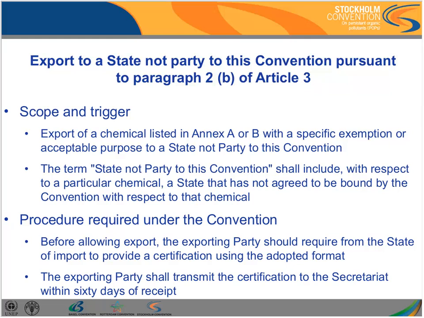For this, there is a procedure required under the convention, which says that before allowing export, the exporting party should require the state of import to provide a certification using the format adopted by the Conference of the Parties. The exporting party shall transmit the certification to the Secretariat within 60 days of receipt.